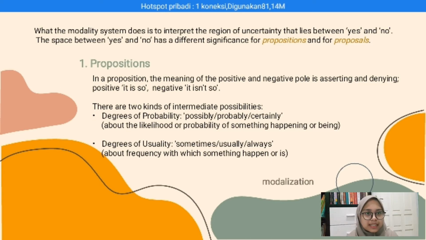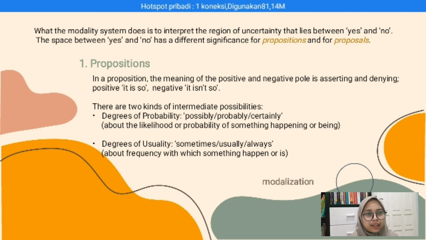The first one is degrees of probability, like possibly, probably, and certainly. These degrees are about the likelihood or probability of something happening or being. And the second one is degrees of usuality, like sometimes, usually, and always. These degrees are about the frequency with which something happened or is.